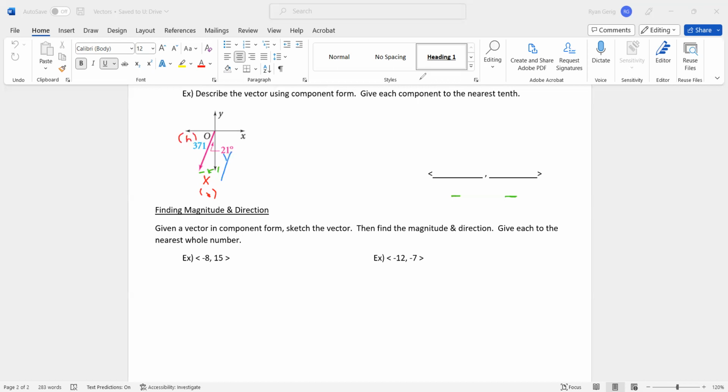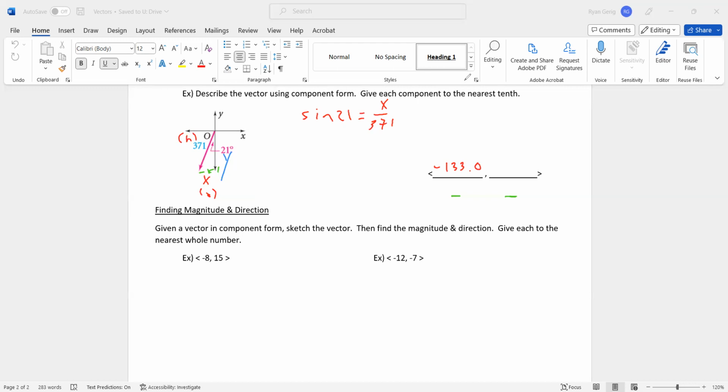So opposite over hypotenuse, sine of 21 equals x over 371. Multiply by 371. And I get 132.95. To the nearest tenth, that'd be 133.0. But you've got to remember to put the negative in front. So negative 133.0. Now let's do y.